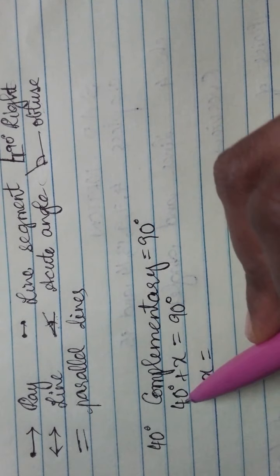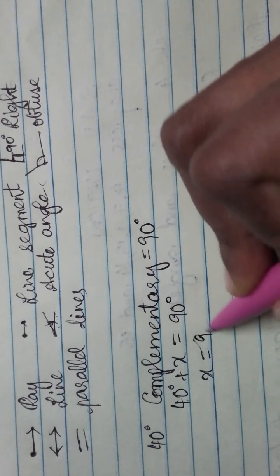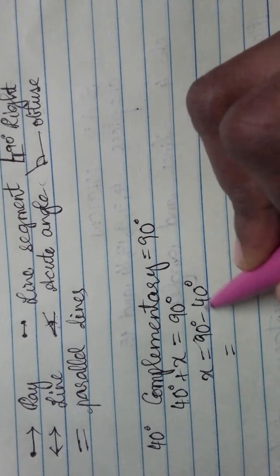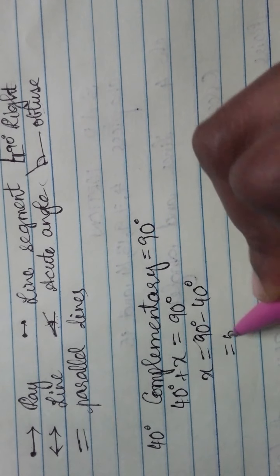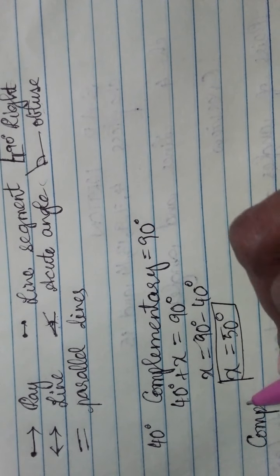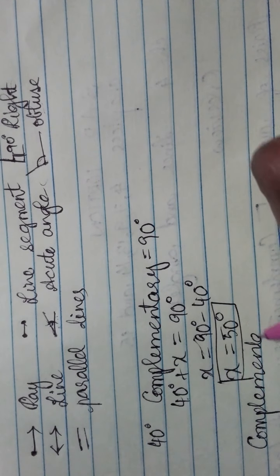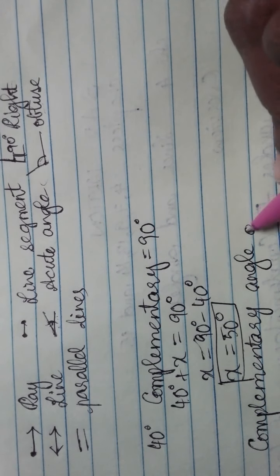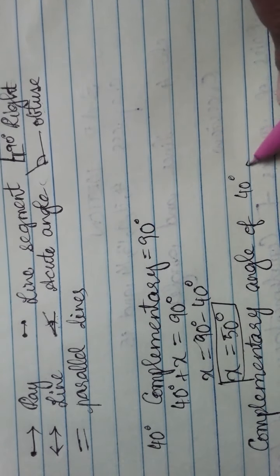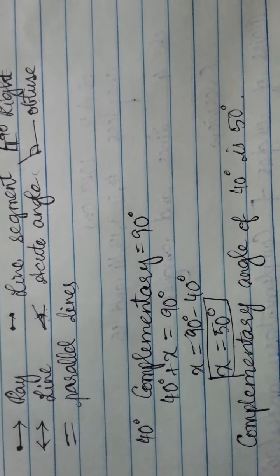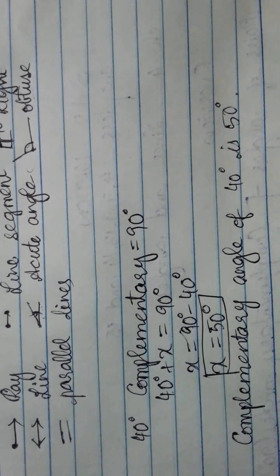X is equal to, this 40 will go to the other side, that is 90 minus 40 degrees. So 9 minus 4 is 5, 0 minus 0 is 0, so it's 50 degrees. So you have to write the complementary angle of 40 degrees is 50 degrees. Understood this, children? How to do? Copy in your homework books.